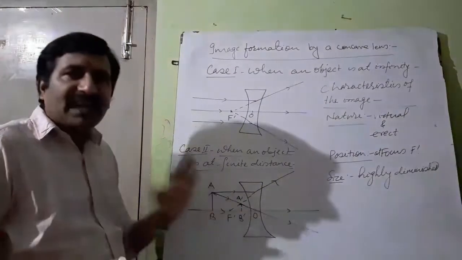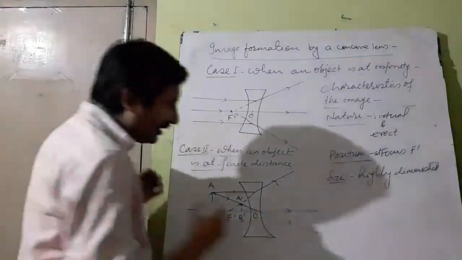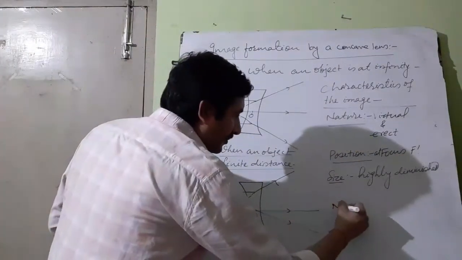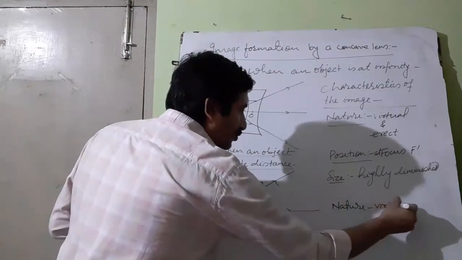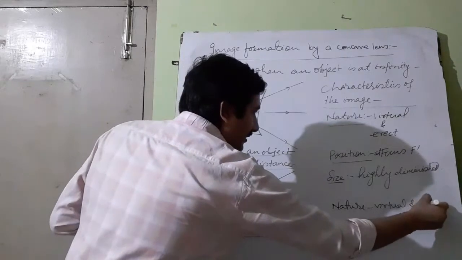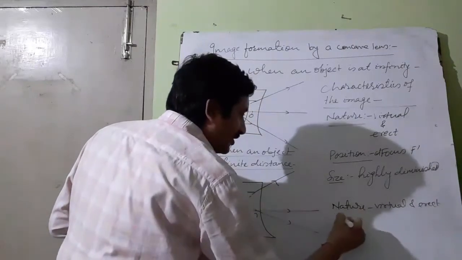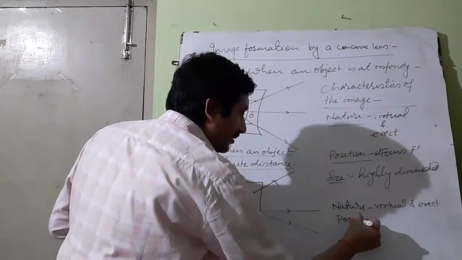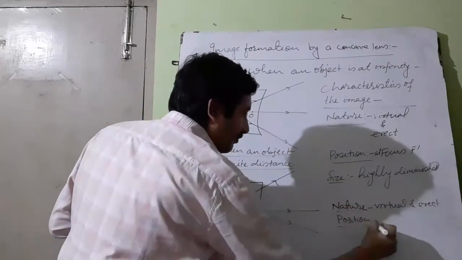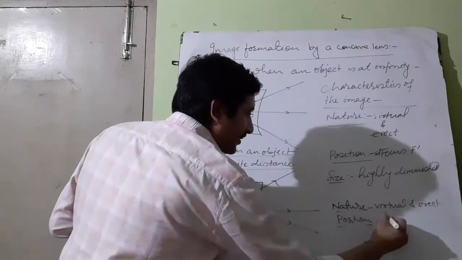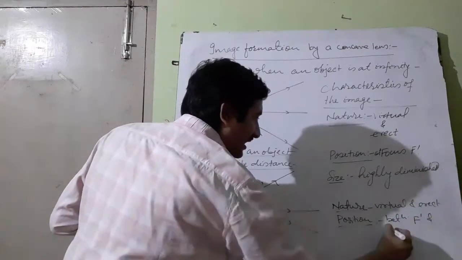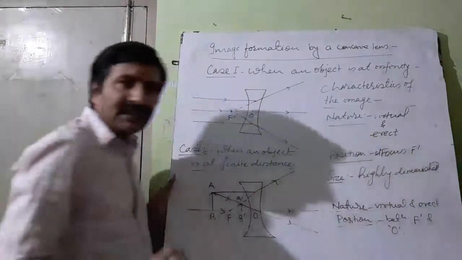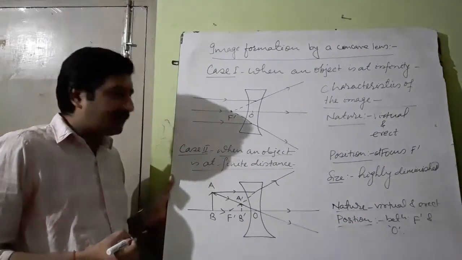Position: between F dash and O, means between optical center and focus.